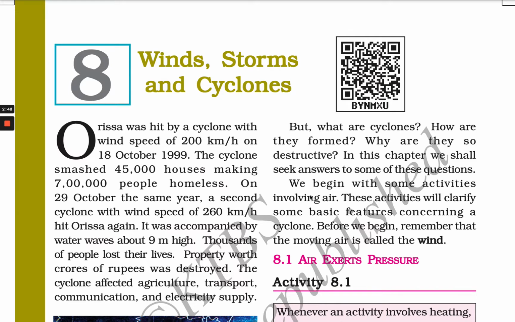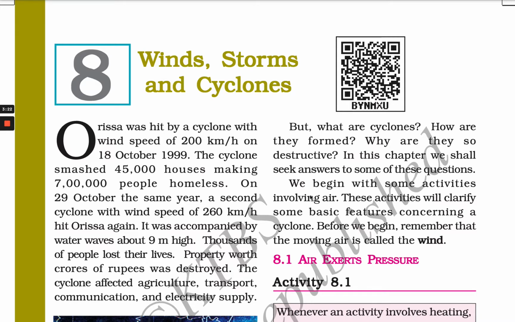So in order to know what cyclones are, what storms and thunderstorms are, first you have to go back to your basics and learn what is wind and how is wind caused. Even before we know what wind is, you need to know that wind is nothing but moving air.